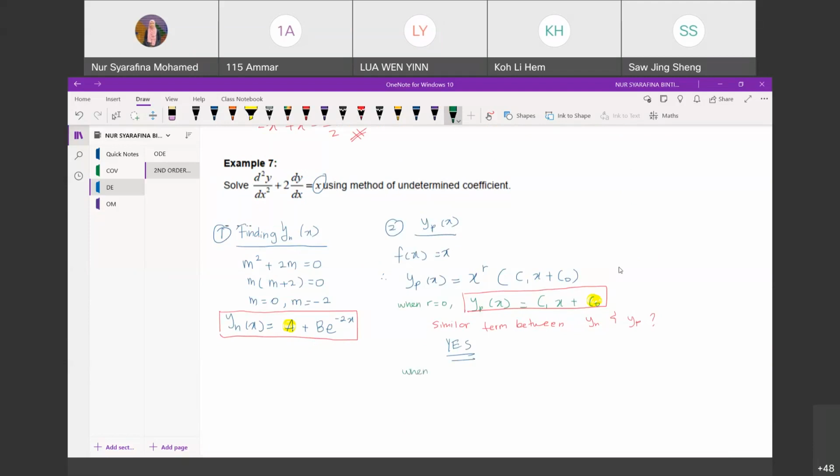So when r equals 1, your YP becomes x to the power of 1 times c1x plus c0, which gives you YP(x) equals c1x squared plus c0x. So is there any similar term between YH and YP?